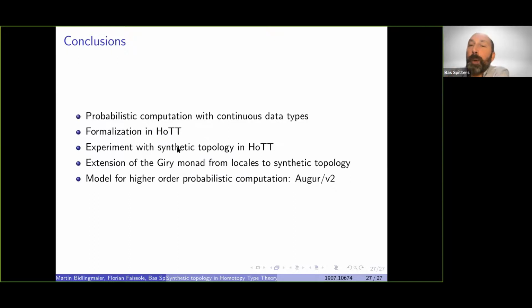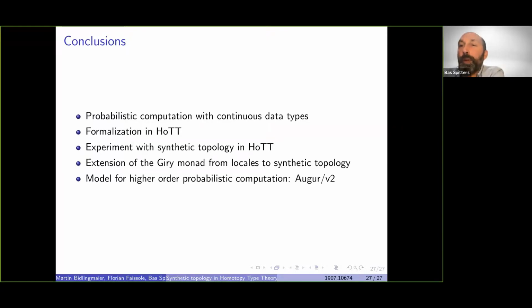So just to sum up what I've been trying to explain to you, we can do probabilistic computation very nicely in a setting with continuous data types. We have a formalization of this in homotopy type theory, because this is a very natural machine-supported environment for doing topos theoretic reasoning.